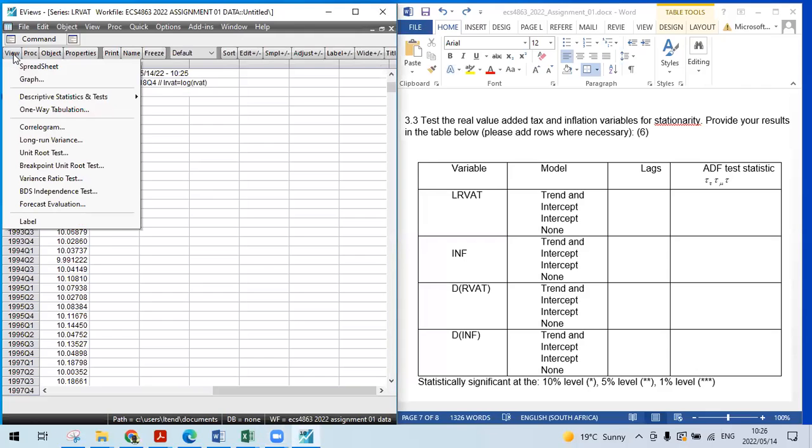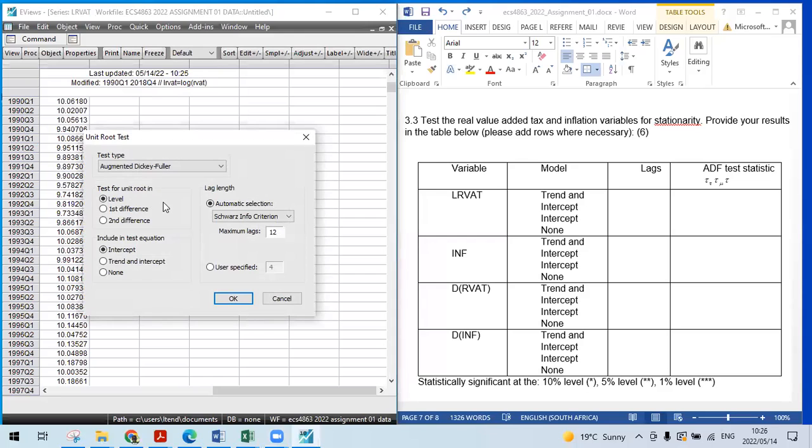We go to view, unit root test. We are testing this in level. Can you see that? We are in level. There's no D here. Let me fix my table here so I don't confuse myself.